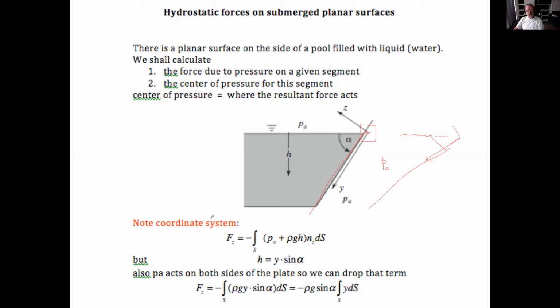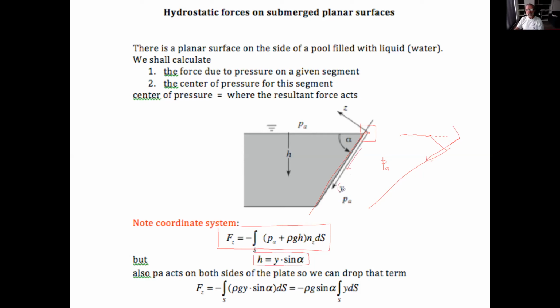Okay, so pressure. This is the same formula we had before. nZ, of course, is 1 in that direction, so we don't have to worry about that. We talk about the surface in the Y coordinate system, along here.